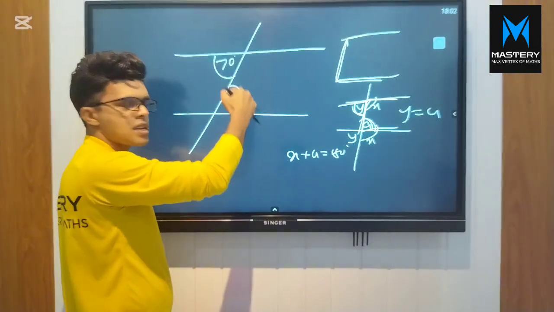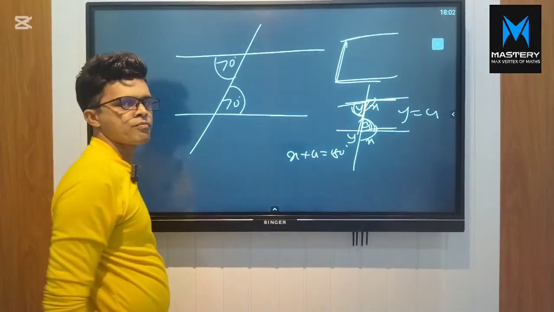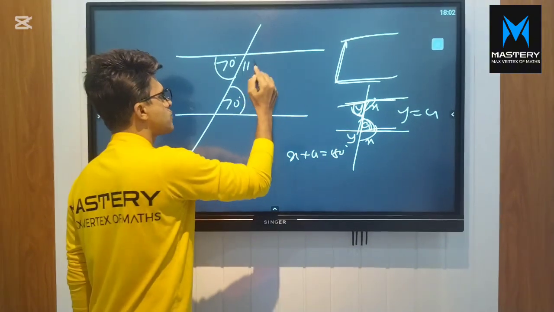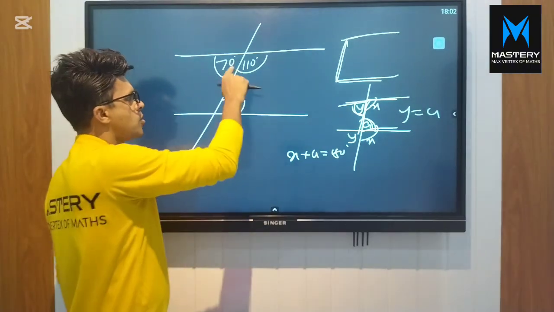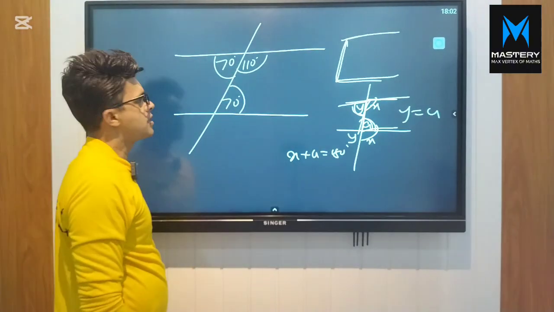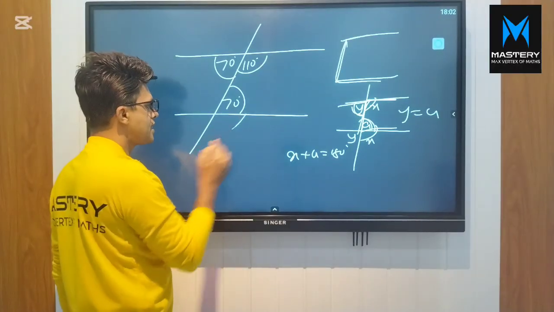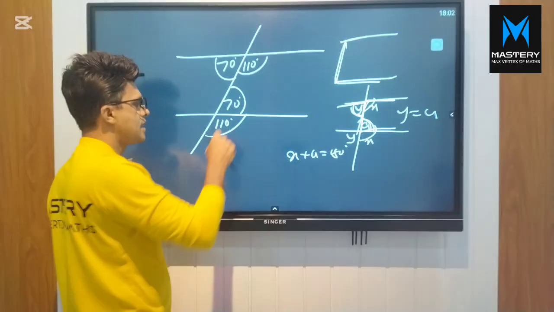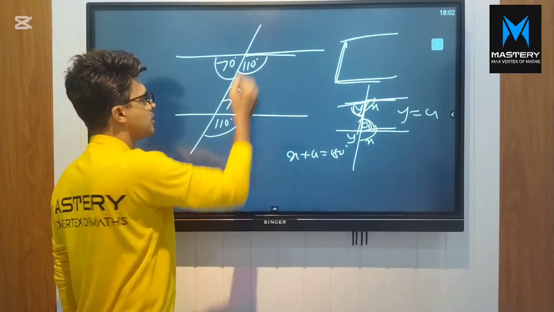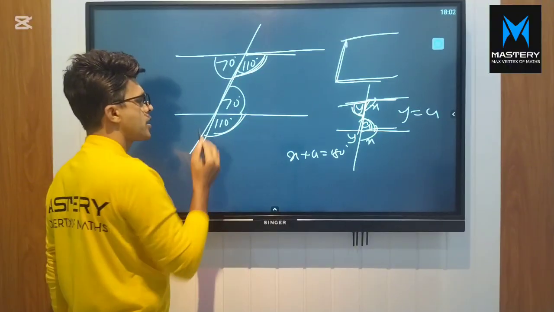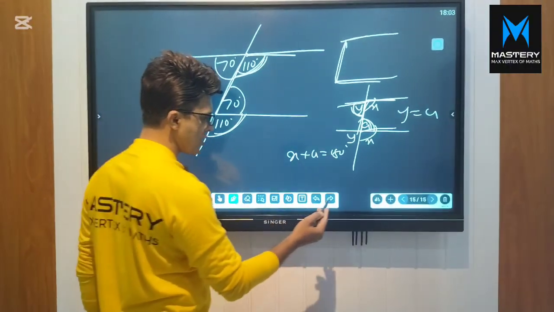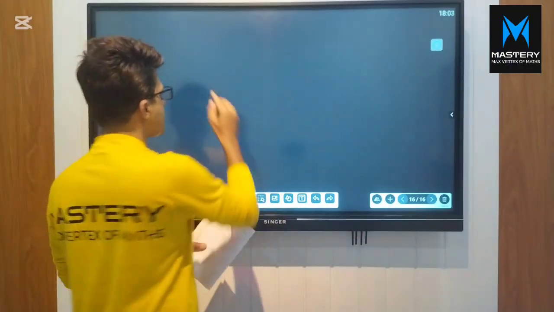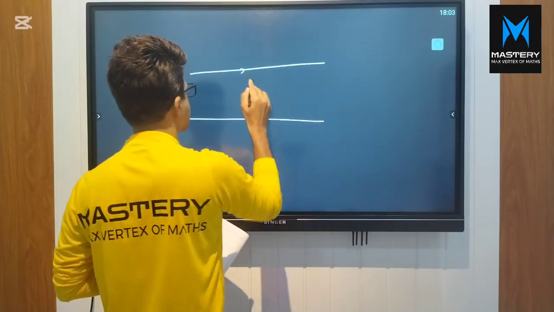If the alternate angles are equal, then the lines are parallel. If this is 70, then this one is 110. The reason: the sum of these two equals 180 degrees, here is a straight line. This one also equals 110, the reason being corresponding angles are equal.